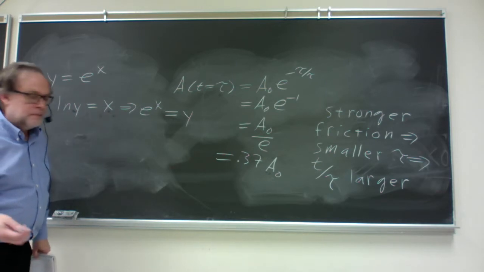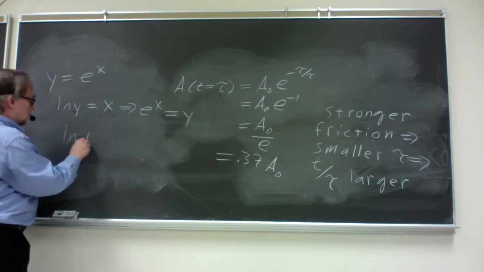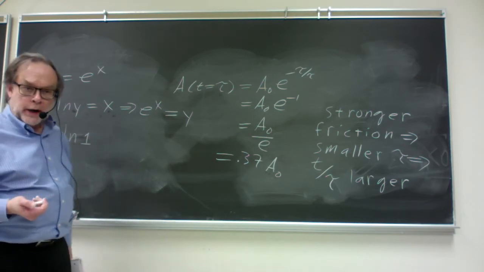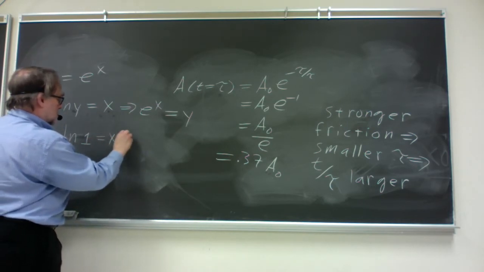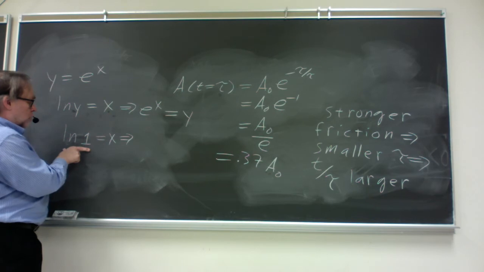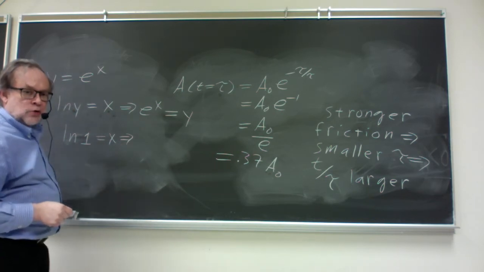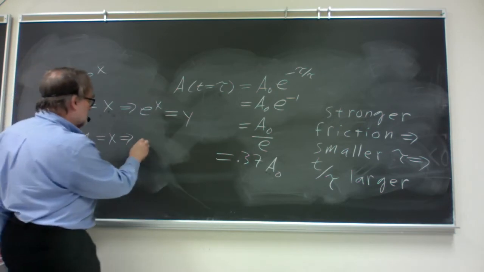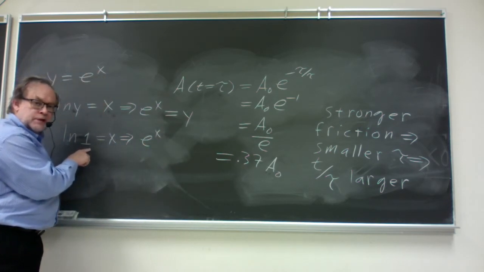For example, let's say, what is the natural log of 1? Well, the natural log of 1, which we're calling x, is the power to which you raise e in order to get this number.